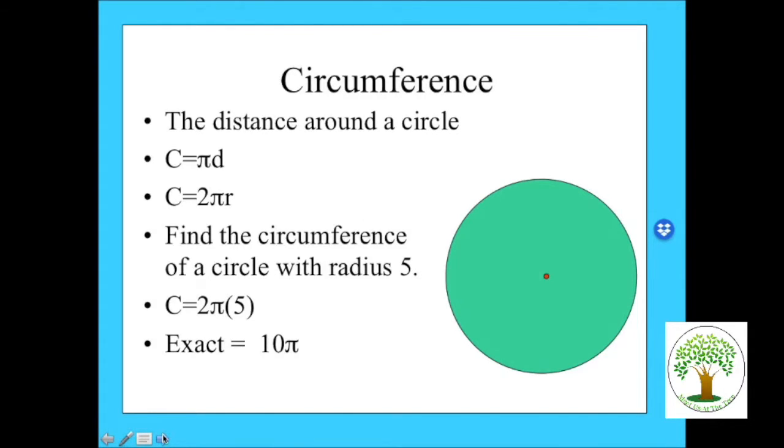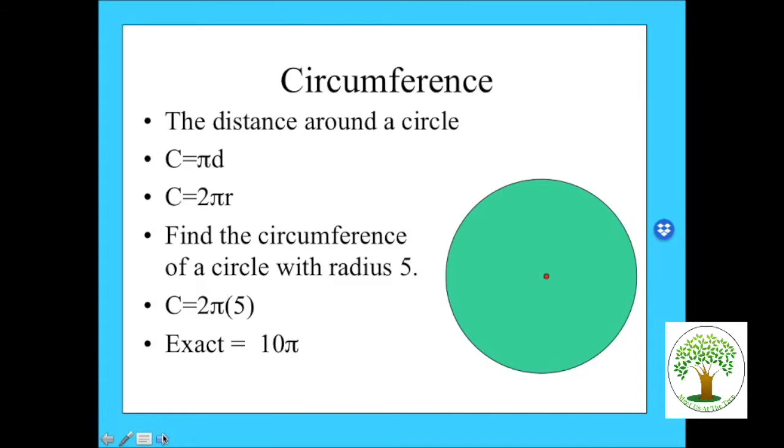This is an exact number because if you remember, pi goes on forever and ever. If I write 3.14, I am taking off an infinite number of decimals, and so I am not exact. I'm close if I multiply by 3.14. But if I leave it 10 pi, I am wrapping it up in a little gift wrap box.